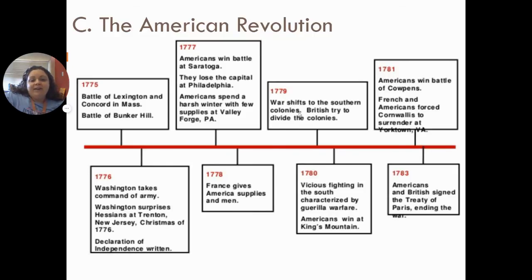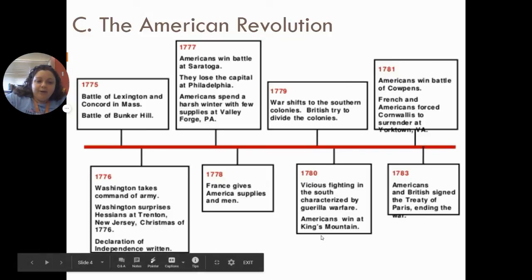So we see the war started off in Massachusetts. We saw some in the middle colonies with Saratoga and so forth. And then we start to see it moving down to the South, where a lot of Southern loyalists are turning their ideology towards independence. So again we are seeing guerrilla warfare as the main tactic for American colonists to try to win.